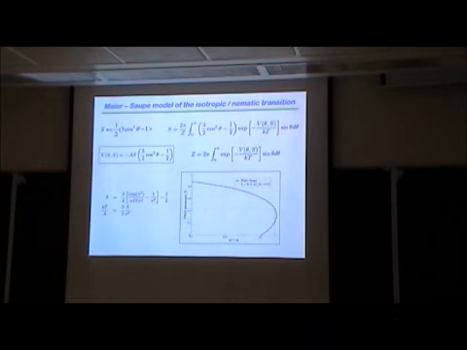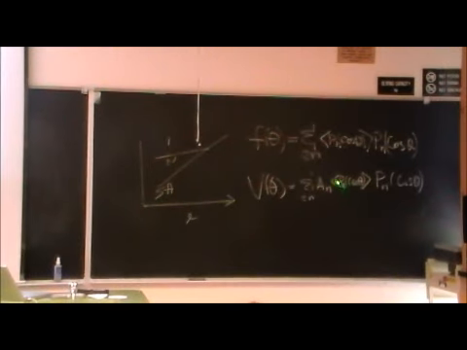So, we can always expand V of theta in Legendre polynomials. What this assumption says is that in this expansion, the lowest term, the n equal 1 term, this coefficient has 2 parts. It has a constant, and then it has this average of P2 cos theta.